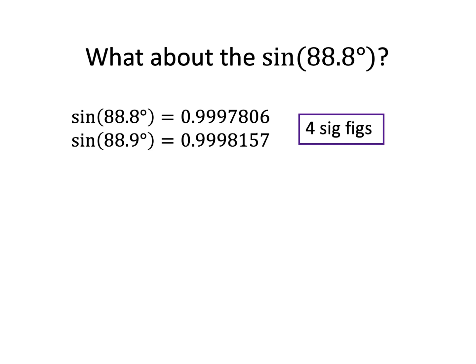What's going on? How can it have 3 significant figures for one angle and 4 significant figures for the other angle? The answer has to do with the way that the sine function works. If I'm at about 45 degrees here, you can see that my sine function is increasing very rapidly. So if I change my angle a little bit here, I get a pretty big change in my sine function.